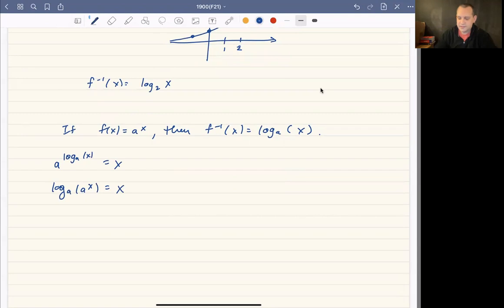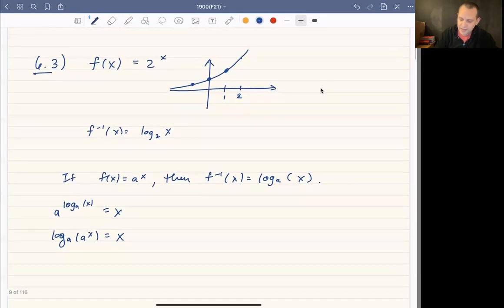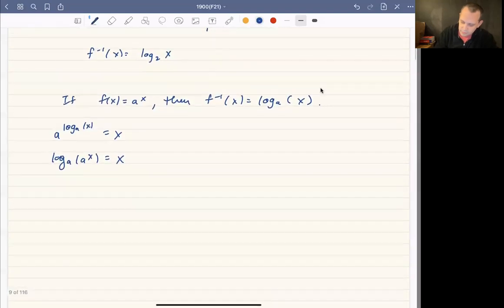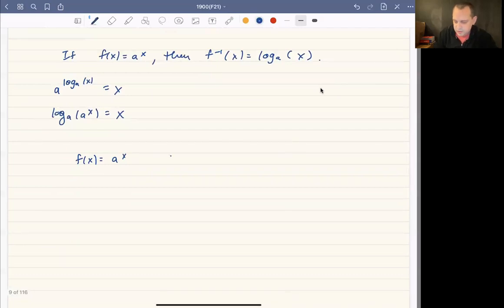Let's think about the domain and range here for a second. If we take our function f of x is a to the x, the domain would be all real numbers, and the range would be the positive real numbers, not including 0. 0 is not positive or negative, so I say positive real numbers.